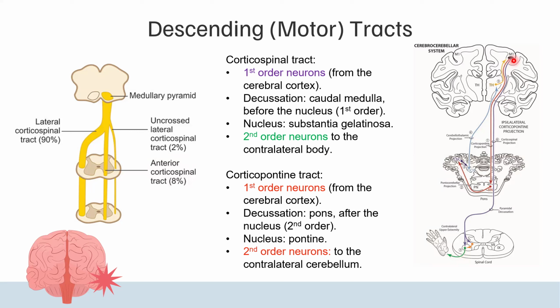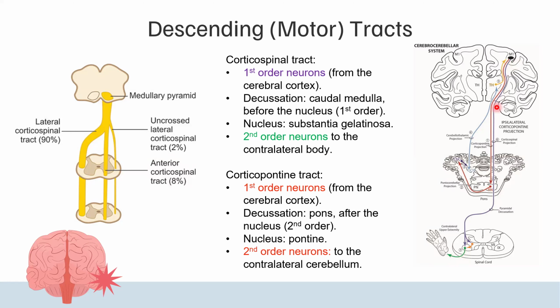So those tracts need to be able to reach the cerebellum. These are motor tracts, and the way that they do so is basically through the pons, because of the very close relation of the cerebellum to the pons. What happens is our first order neurons, the ones that arise immediately from the cortex, are going to descend down.